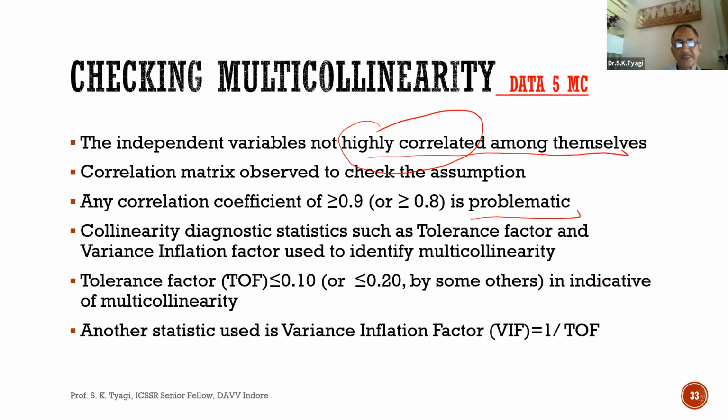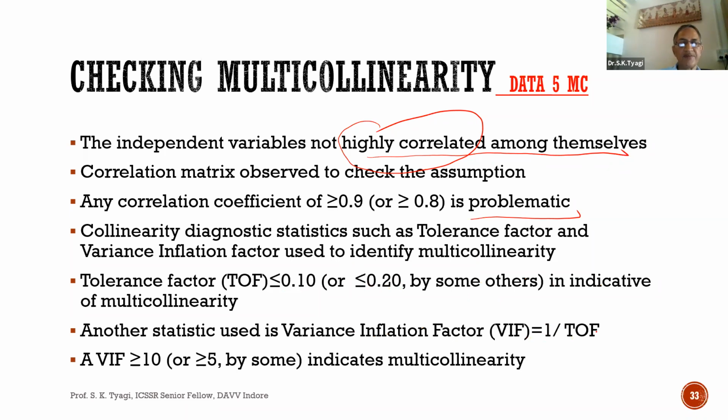Another statistic used is the variance inflation factor, which is the reciprocal, 1 upon tolerance. A VIF of greater than 10, or greater than 5 by some, indicates multicollinearity. We will see this. Now, let us first of all see the correlation matrix. And this is the data.